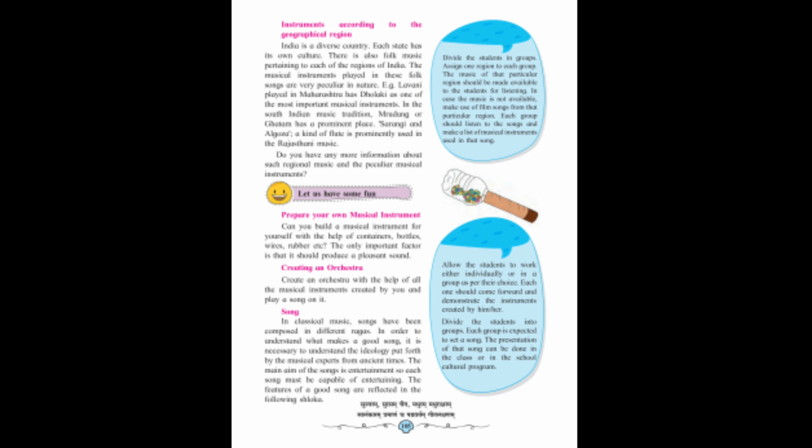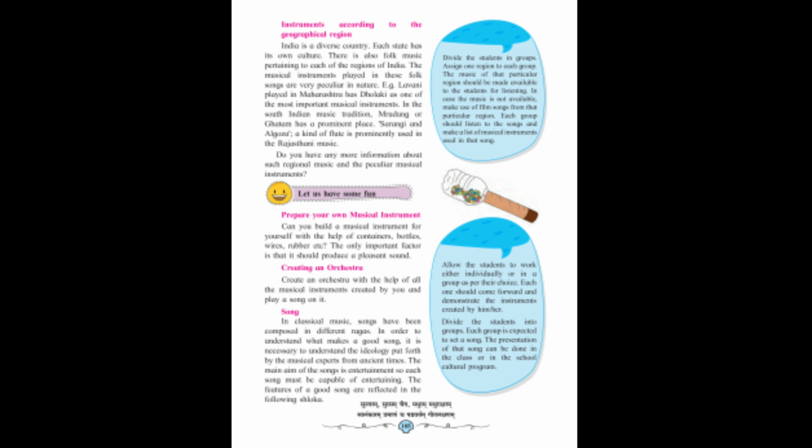Instruments according to geographical region. India is a diverse country. Each state has its own culture. There is also folk music pertaining to each region of India. The musical instruments played in this folk music are very particular in nature. Example, Lavani is played in Maharashtra, and the dholki is one of the most important musical instruments.